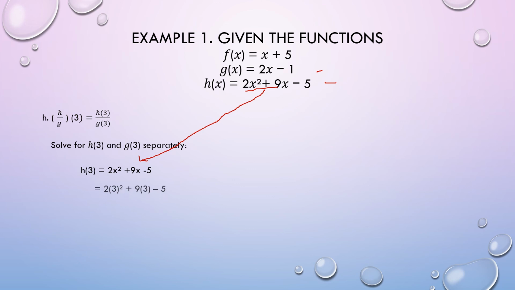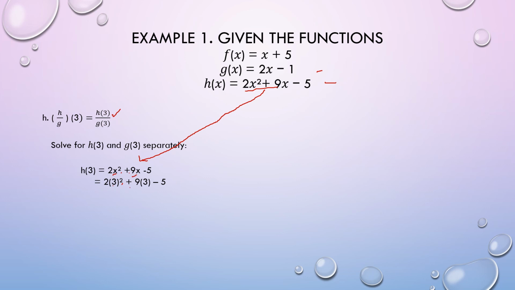And then we replace the x with the value of 3. The value of x now is equal to 3 according to the given. So we have here 2, our x here is 3, and we have the exponent 2. Then we have addition.